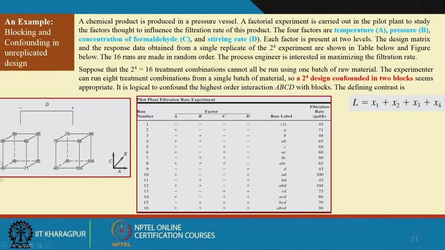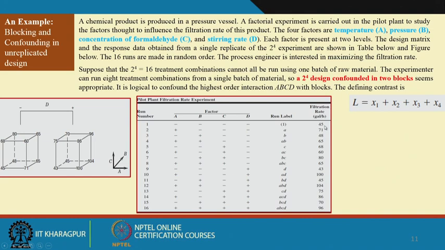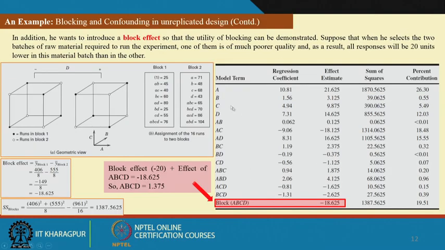So, as a result the response will change. You see here, in block 1 treatment combination 1 it is 25, but in the earlier example it was 45. So, 45 minus 20 is 25. So, this block is poorer than block 2 and that block effect is 20 units.